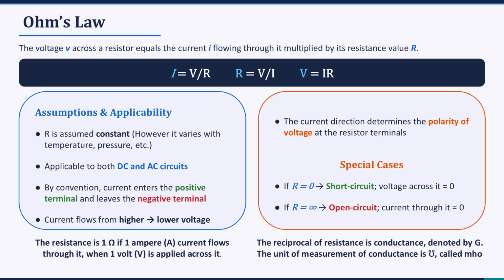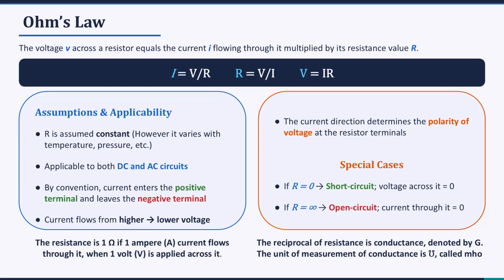Second, Ohm's law applies to both DC, direct current, and AC, alternating current circuits. This makes it extremely versatile. Third, by convention, current enters the positive terminal of a resistor and leaves from the negative terminal. This is the passive sign convention, and you will see it used everywhere.